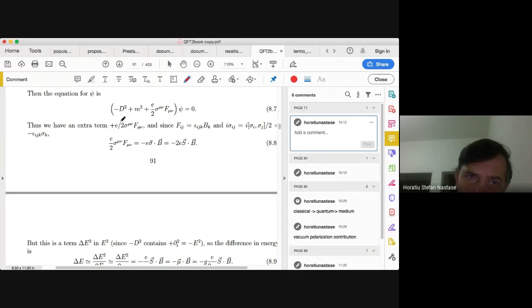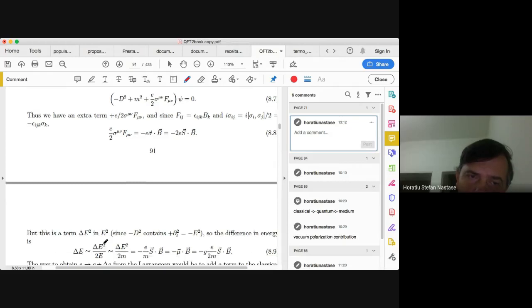So this term, minus D squared, contains an E squared, which means that this term, which as we've seen is equal to minus 2E S dot B, gives a correction delta E squared.